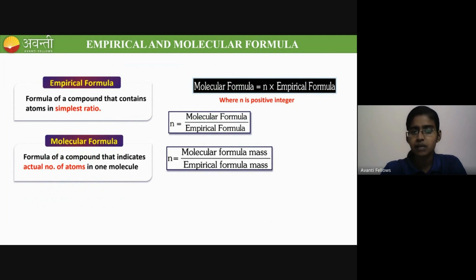And that n can be calculated from the molecular formula mass and empirical formula mass. One of them will be given to you in the question, and from that you can find out the value and multiply that number to the empirical formula and find out the molecular formula. So these are the relations that you have to keep in mind to find out the molecular formula from the given system.